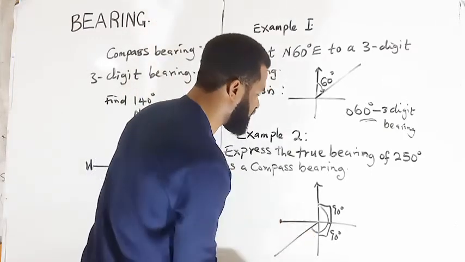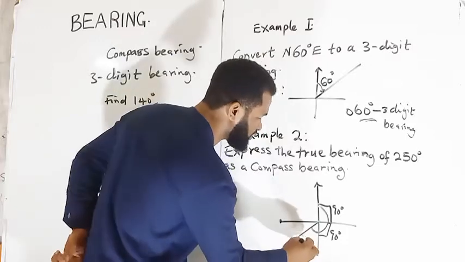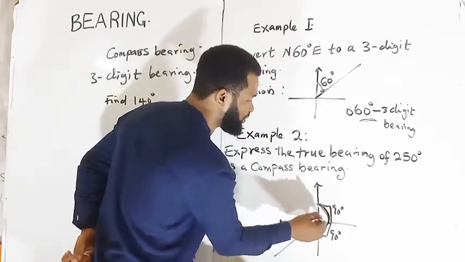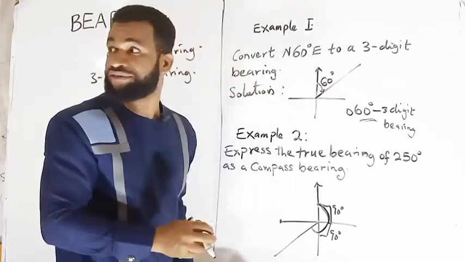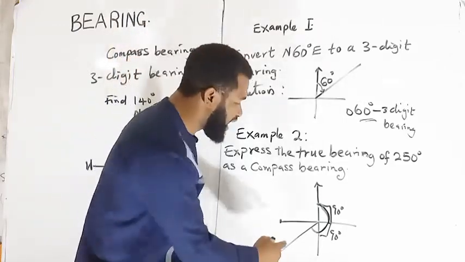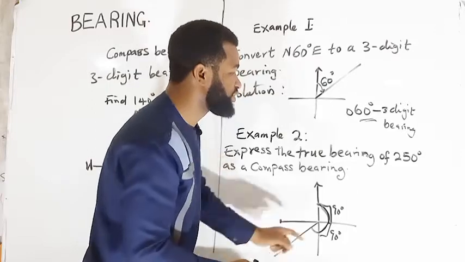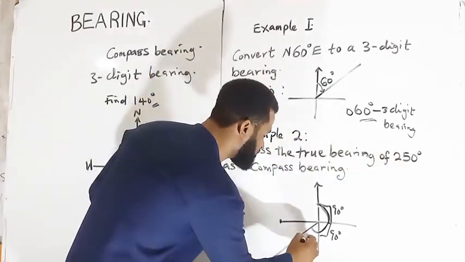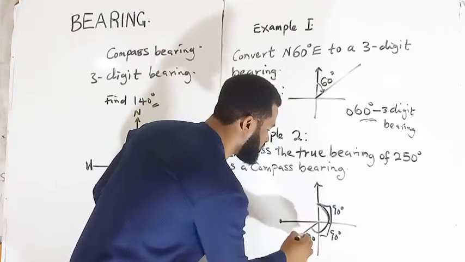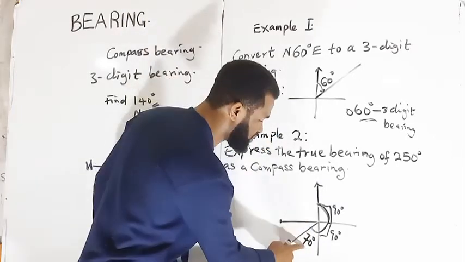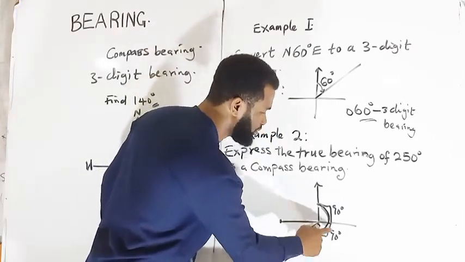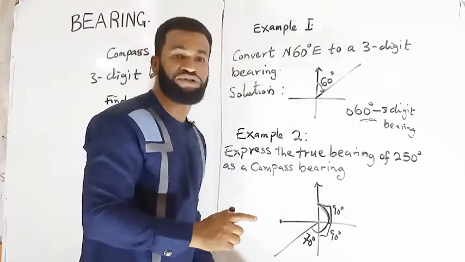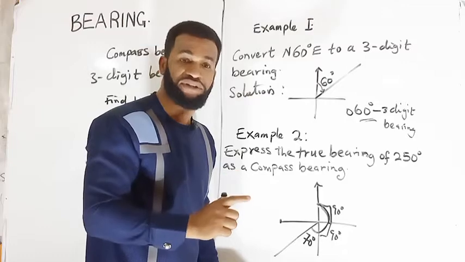As I stopped here, it means that from here to this place is 180 degrees. So what will I add to 180 degrees to get 250? It's going to be 70. So this is going to be 70 degrees. All right, 180 plus 70 gives me 250 degrees.